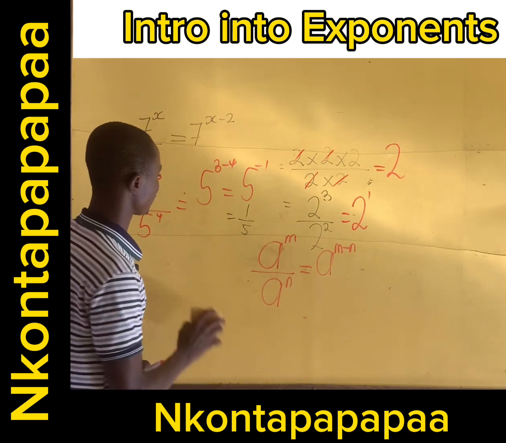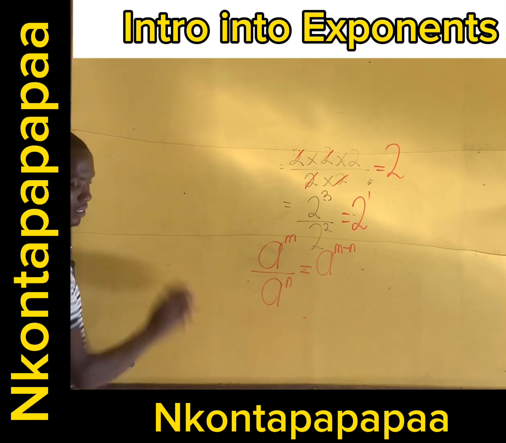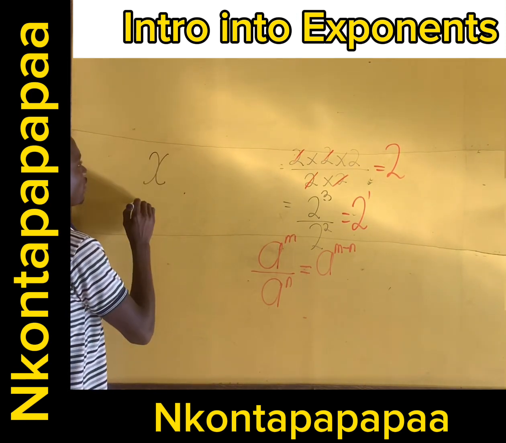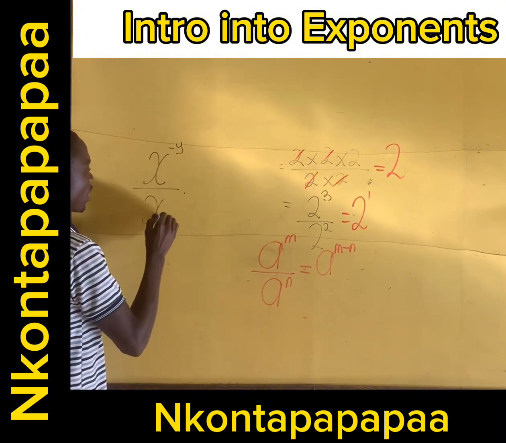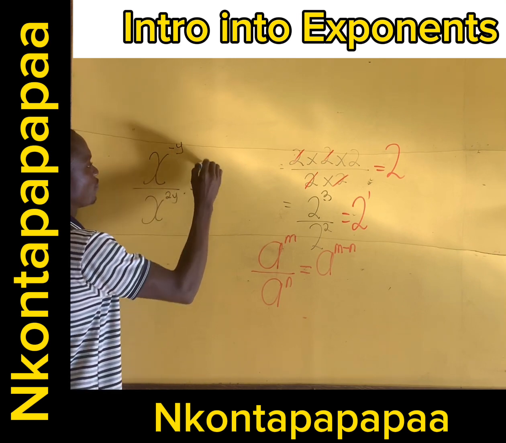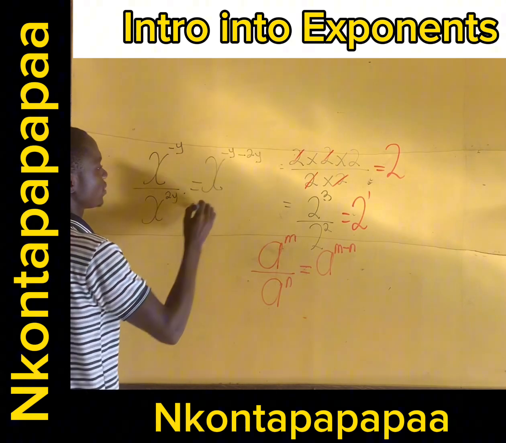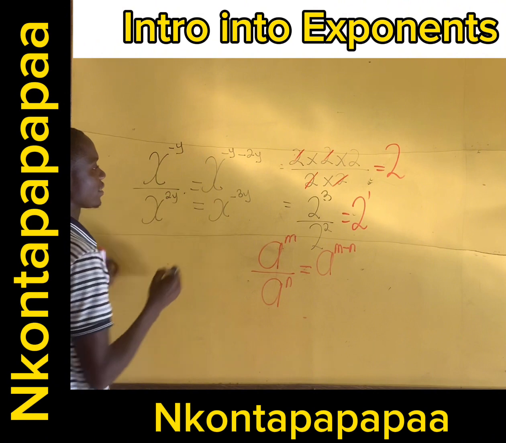Okay, let's see. If I have, say, x power negative y divided by x power 2y, then this will give me x power negative y minus 2y, which will be x power minus 3y.